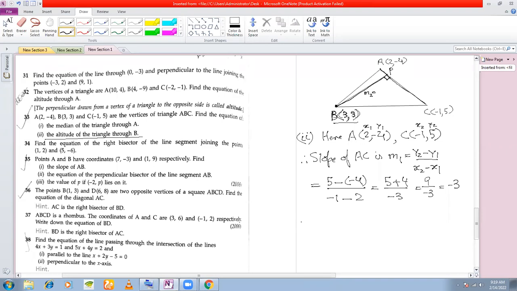So what should be the slope of BP? Therefore, slope of the altitude BP, M2, is equal to the negative reciprocal of the slope of AC, right?